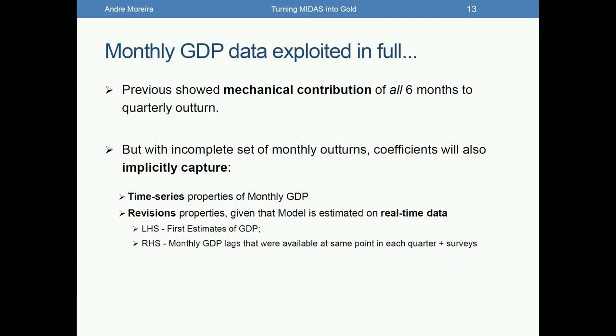But also because we're using fully real-time data, any striking revisions property. So say in the limiting case, if you've got data up to January and you want to forecast Q1, and you know that the January data gets revised so much that it's useless, then you'd expect this model to just put 0 weight on that lag and kind of put more weight on the previous lags.